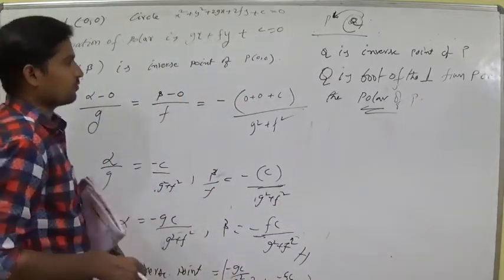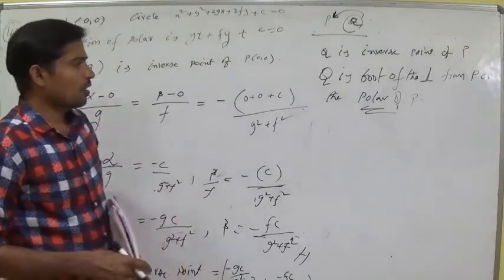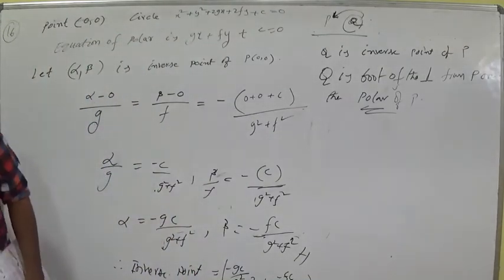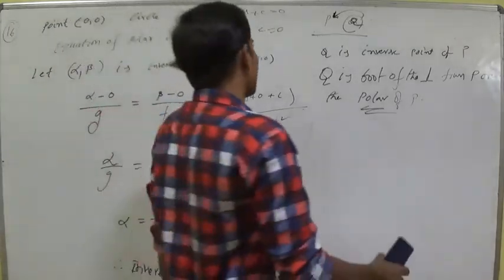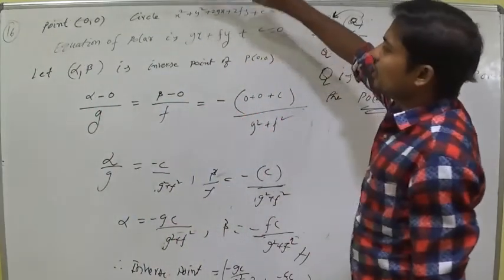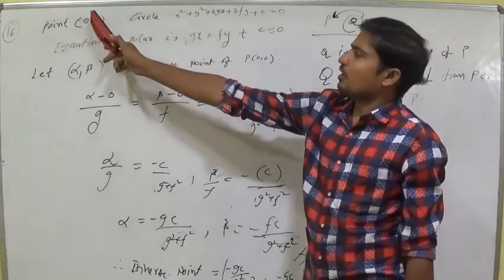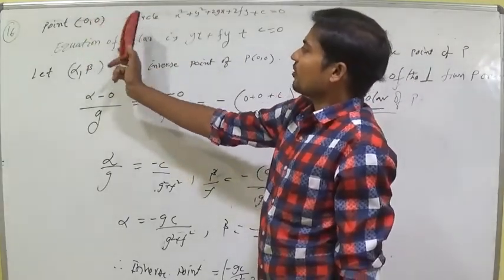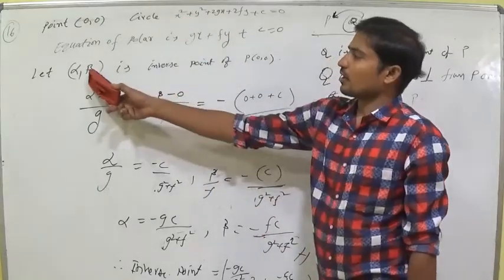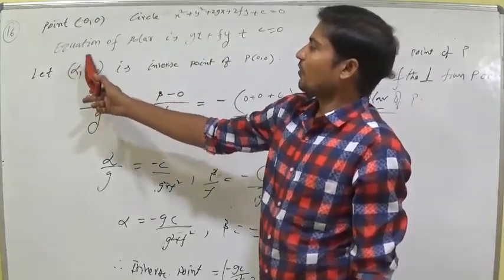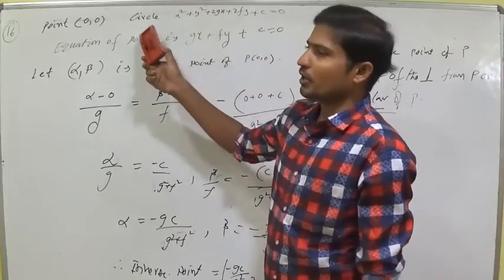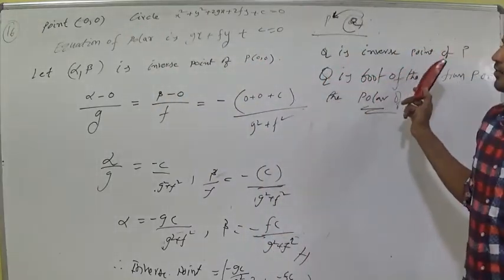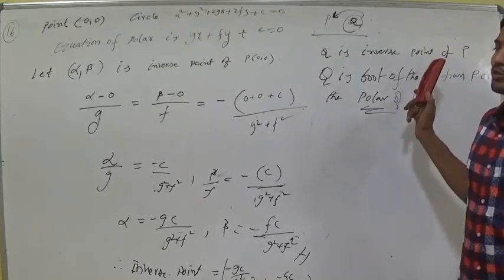Now next, 17th. So once again I am repeating this. Find the inverse point of the origin, 0, 0, with respect to the circle. So the polar equation is written here. Let alpha, beta be the inverse point of P. About this, what I said, Q is the foot of the perpendicular from P to the line.